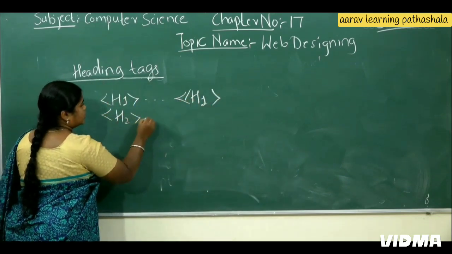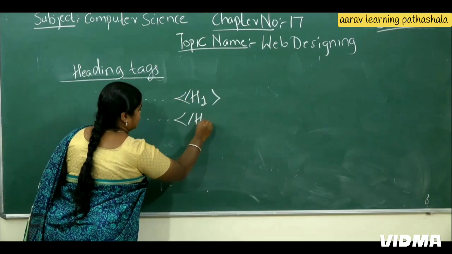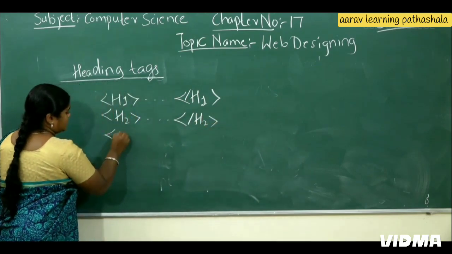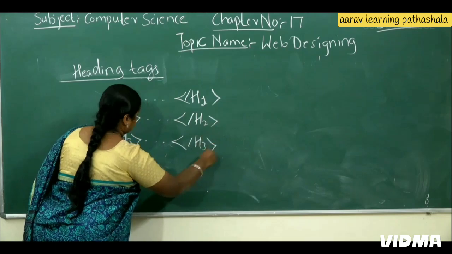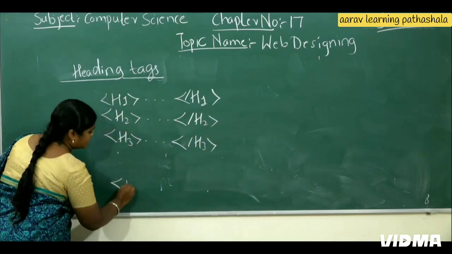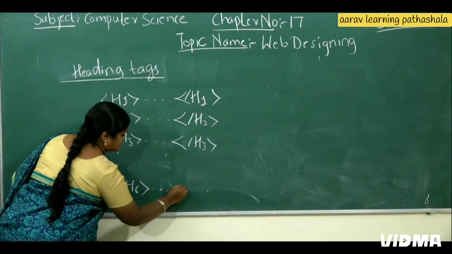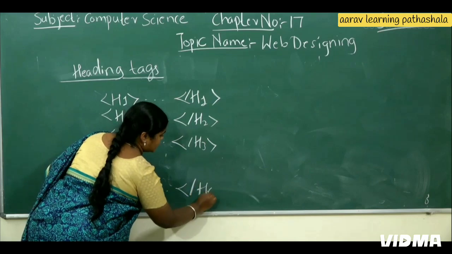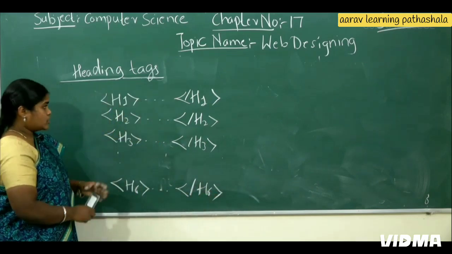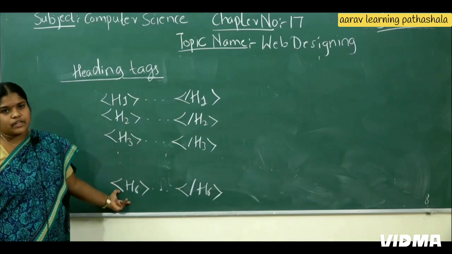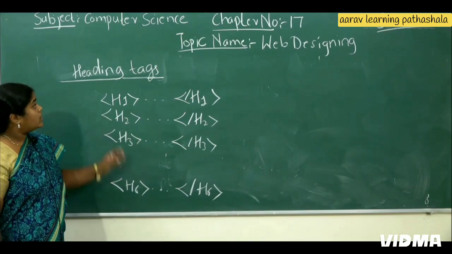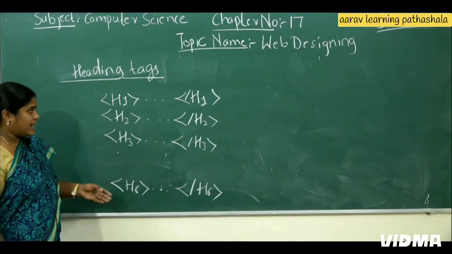This is <h2>, specify the text, </h2>. In the same way <h3>, </h3>, so on till <h6>, specify the text, </h6>. So H1 will give you the maximum font while H6 will give you the smallest font. So these are some of the heading tags.